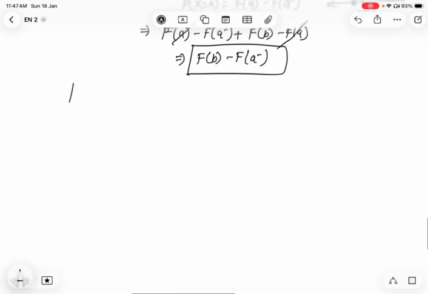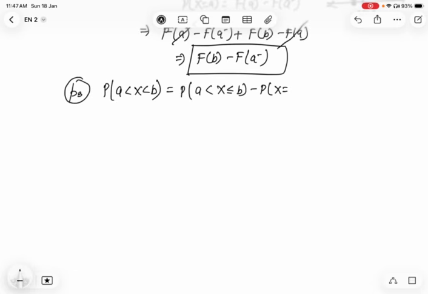Then here is property 3. Probability of a < X < b. That is P(a < X ≤ b) - P(X = b). Okay, so what is this?